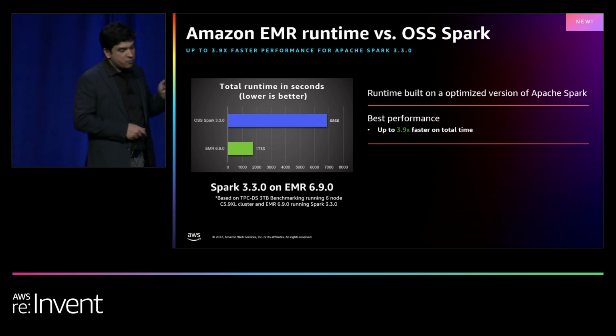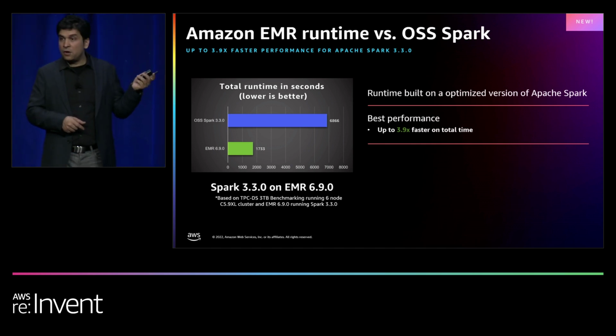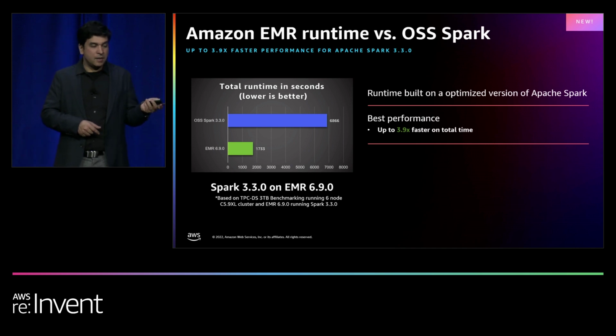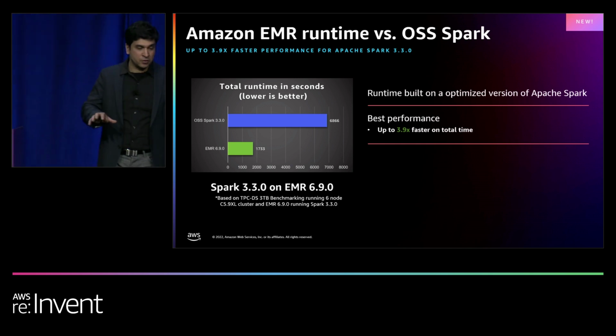And this is the latest benchmark that we have, on Spark 3.3.0 on EMR 6.9, comparing it to open source Spark 3.3.0. And we see 3.9x faster on total time. This benchmark is done on a benchmark derived from TPC-DS at 3 terabyte scale. And we have made sure that on both sides, both EMR Spark as well as open source Spark, we do no additional tuning. They both are at default configurations.